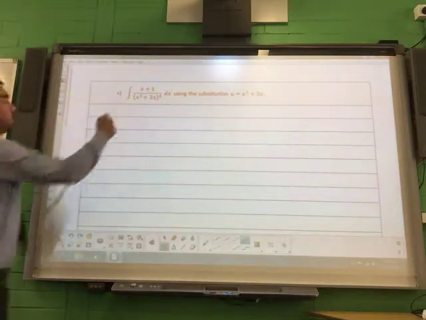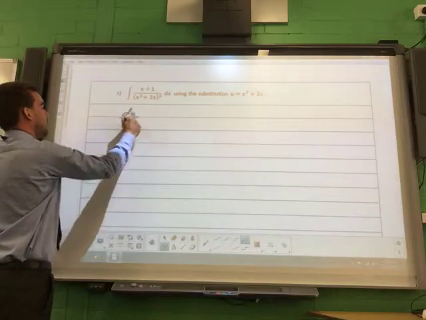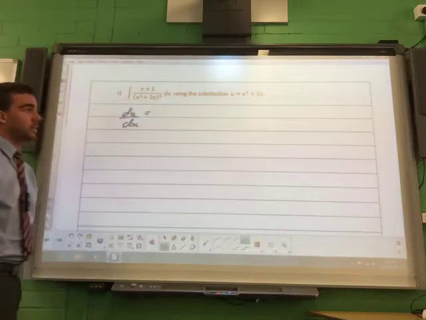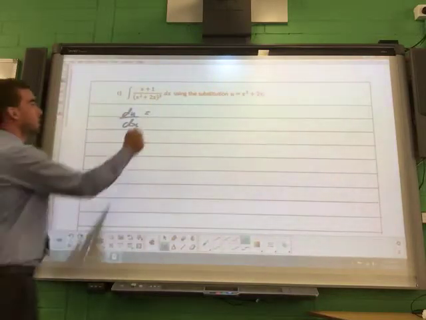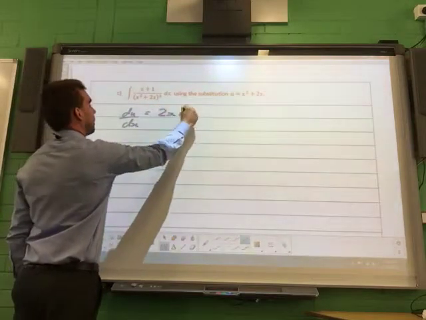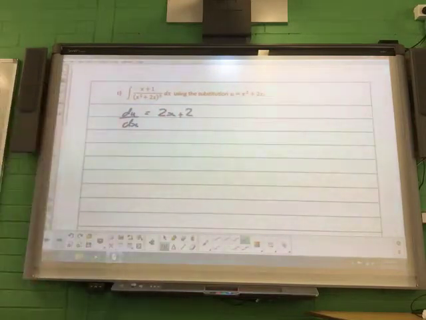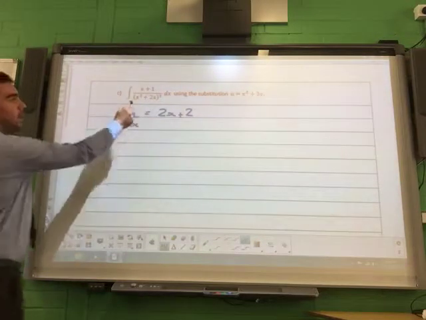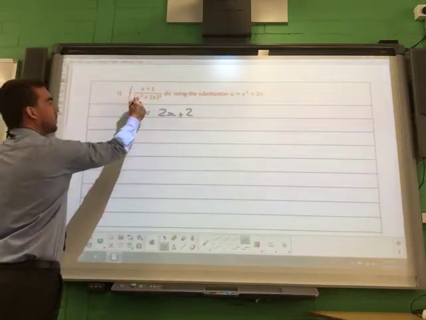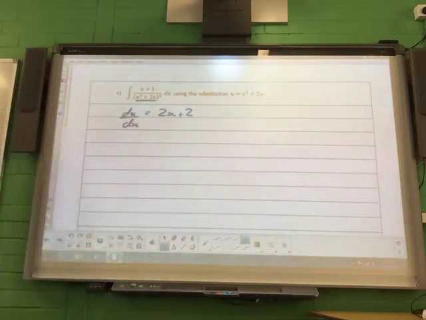Okay, so do a du dx. So we'll differentiate that. So we have 2x plus 2. Okay, so far, x squared plus 2x, what's inside that bracket, is going to get replaced by u, because that's my substitution.